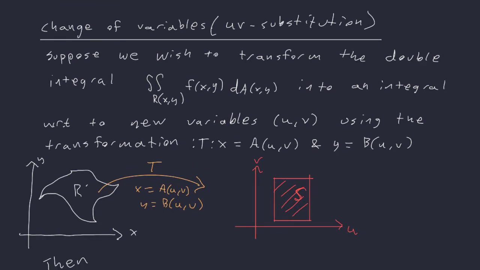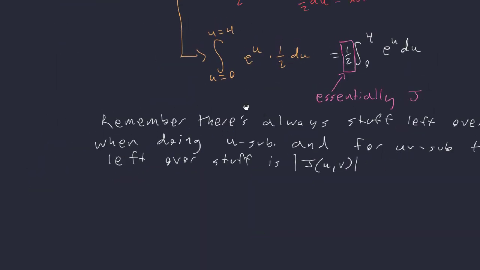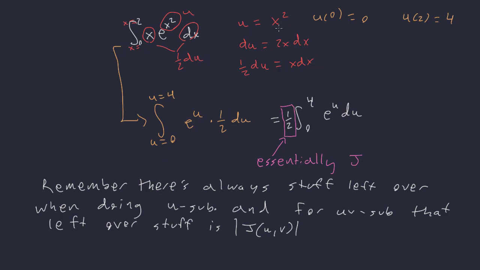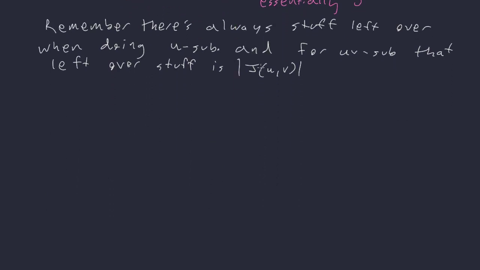So instead of doing u equals x squared, we could do this integral just the same by letting x equal the square root of u.